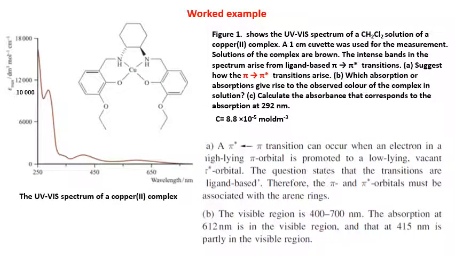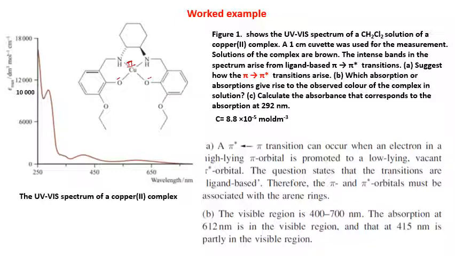This is a very nice example given: a copper 2 complex. First read the question carefully and then try to solve it on your own. This is a copper 2 complex, and this is a 2 anionic ligand, minus minus.